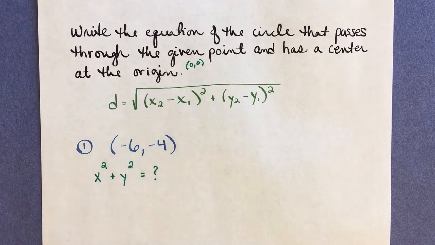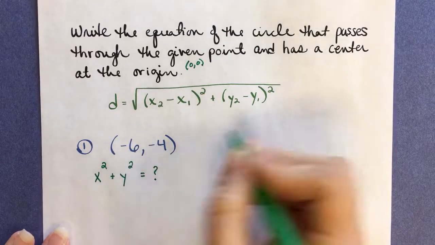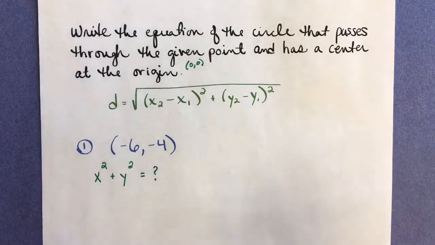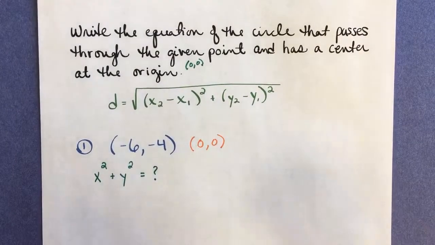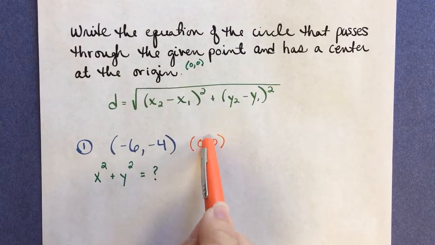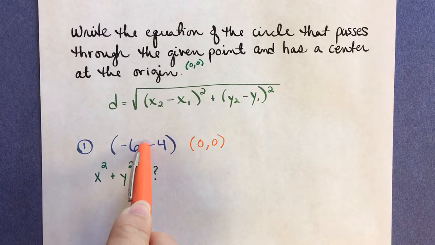So remember, radius is the distance from the center to the point on the outside edge, okay? And we know that the center is at 0, 0. So let's just go ahead and write down 0, 0 here. And this is where your distance formula is going to come in. If we know the distance from here to here, that will be our radius, okay?